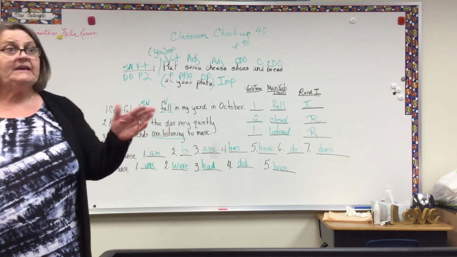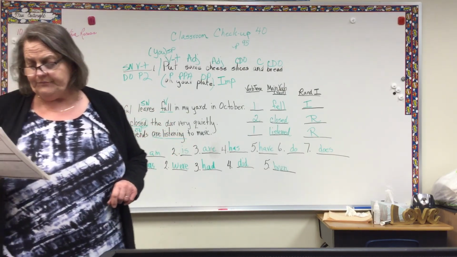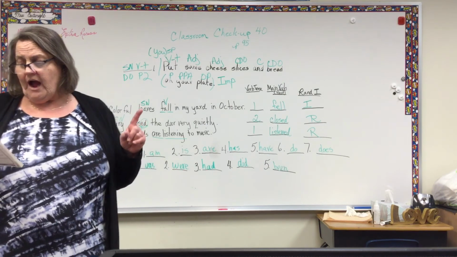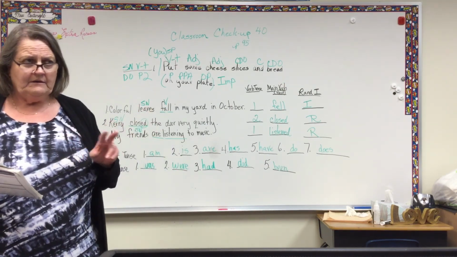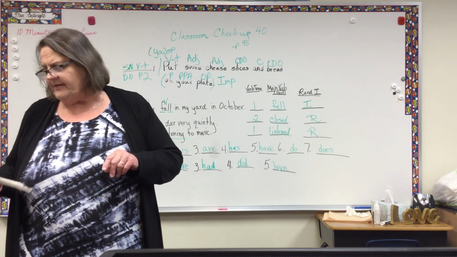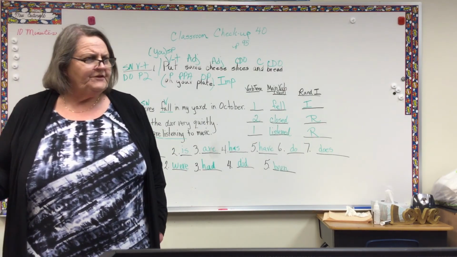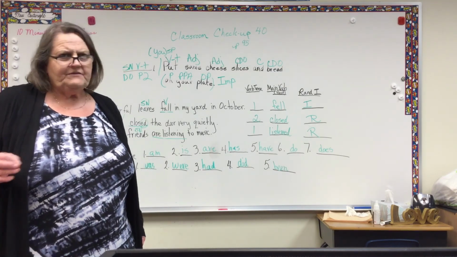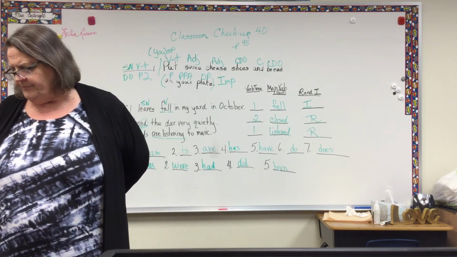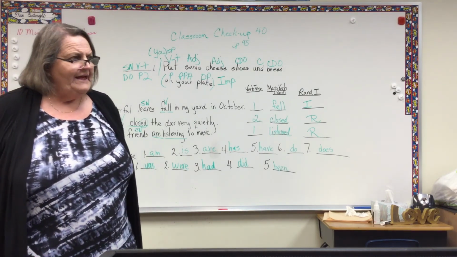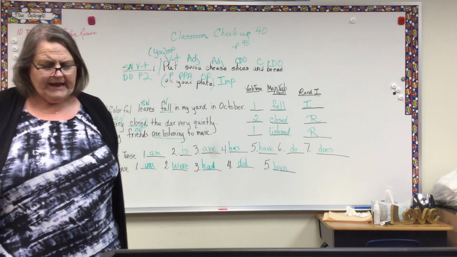Well, we know every beginning word in the sentence is going to be capitalized, and then you just have to find 2 more. There's 1 comma, 2 homonyms, so that means you're going to have to change the spelling of 2 words, and then there's 2 apostrophes. So we're going to look at the S's in the paragraph and see if they're either a possessive noun or if there's a contraction, okay?